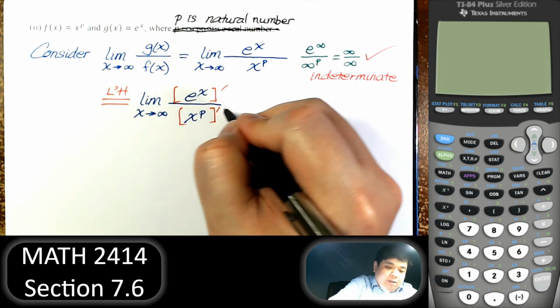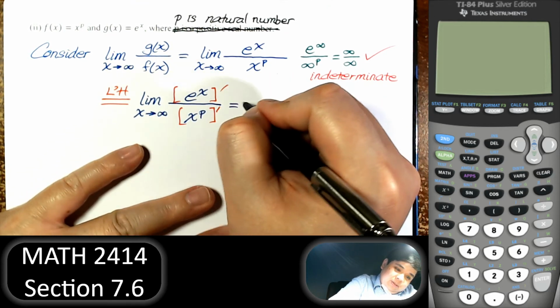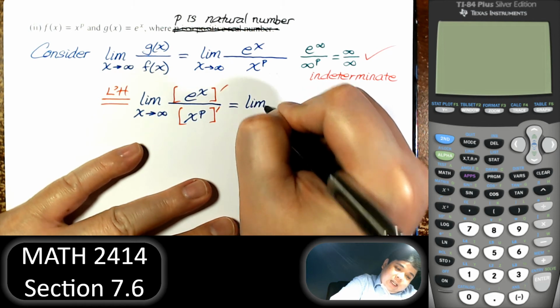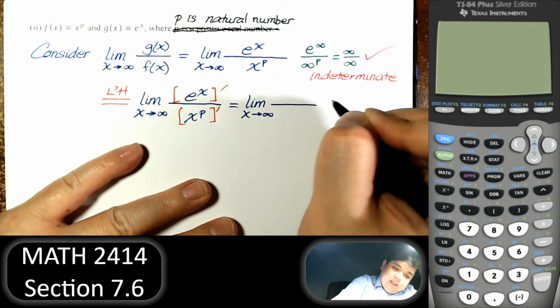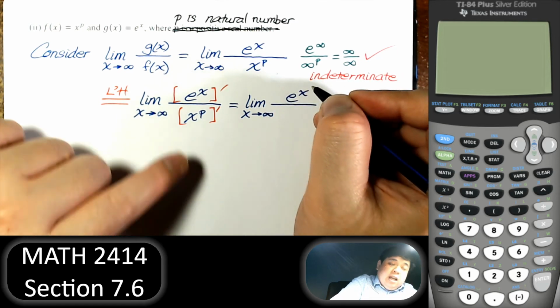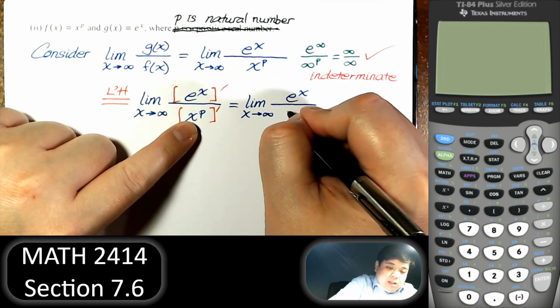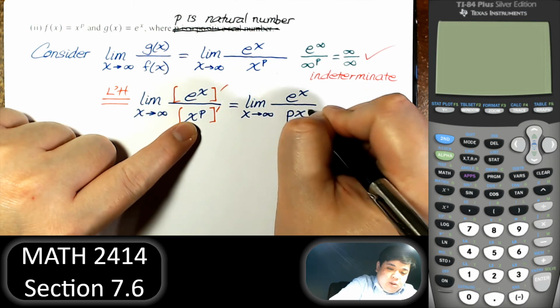Right, the derivative of e to the x is still e to the x, and then the derivative of this is p x to the p minus 1.